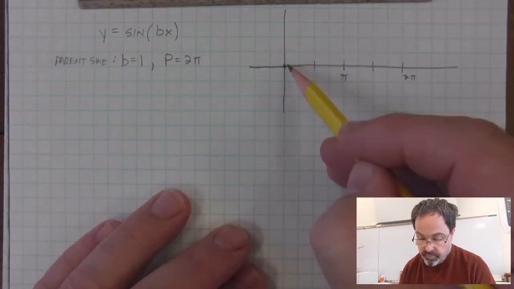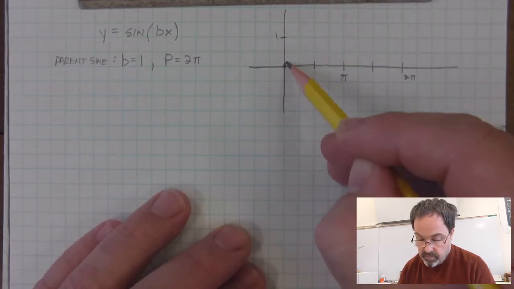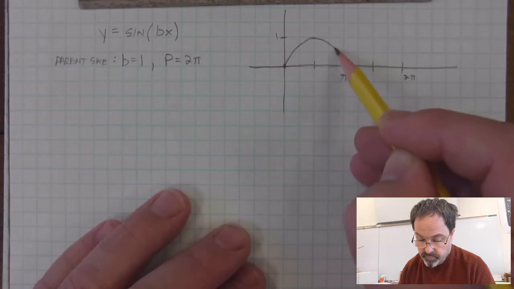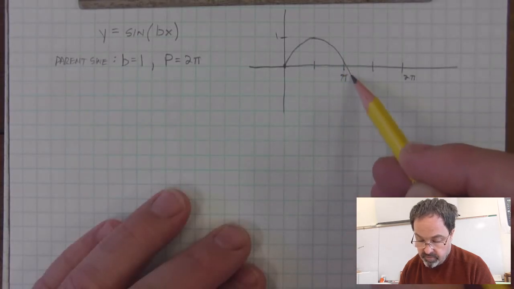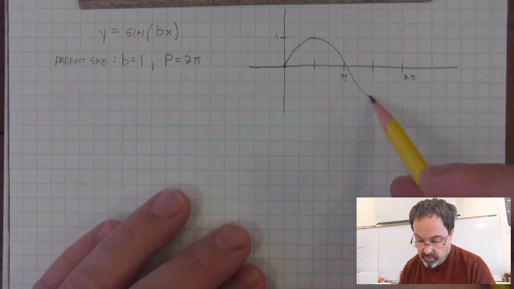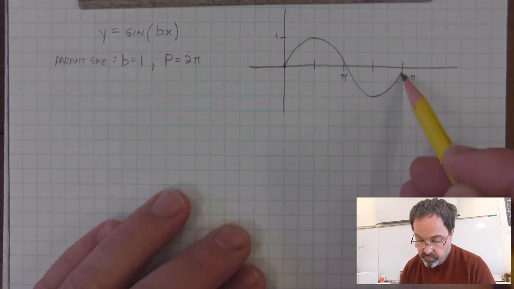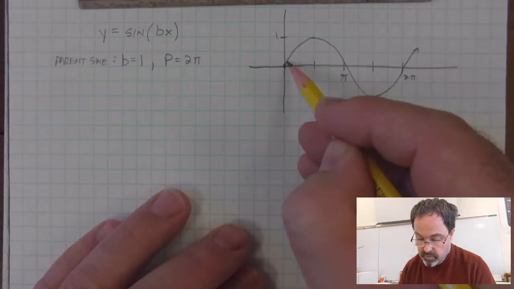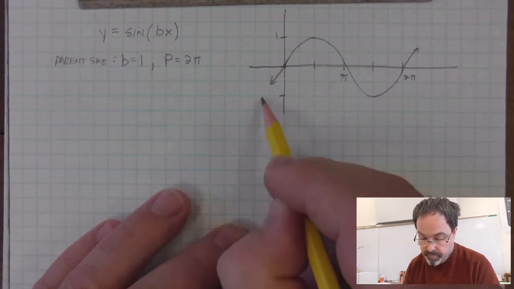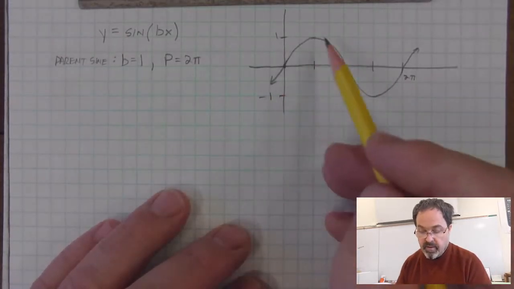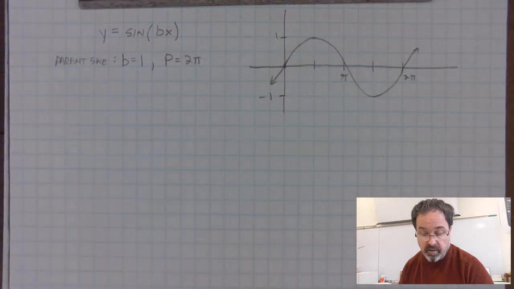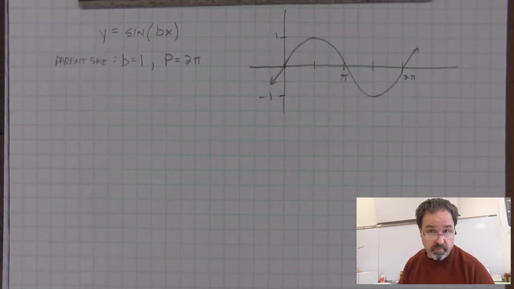Sine starts at the origin, heads up, reaches a maximum of 1 at pi over 2, intercepts the x-axis at pi, negative 1 at 3 pi over 2, and completes one complete wave at 2 pi. This graph of parent sine is the graph of the equation y is equal to sine of bx when b is 1.